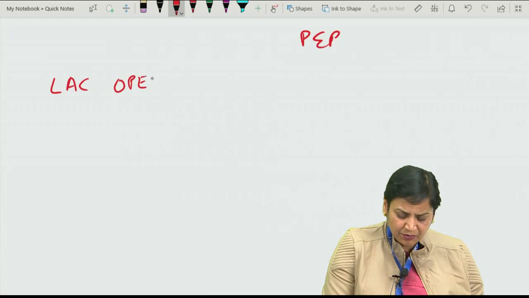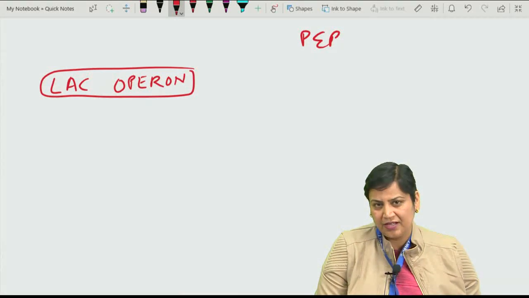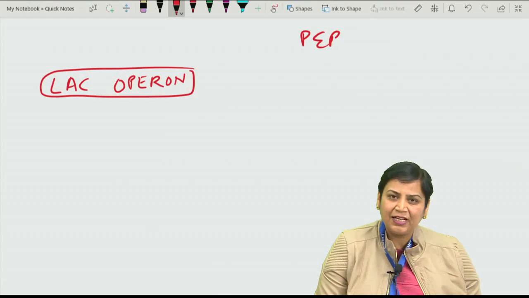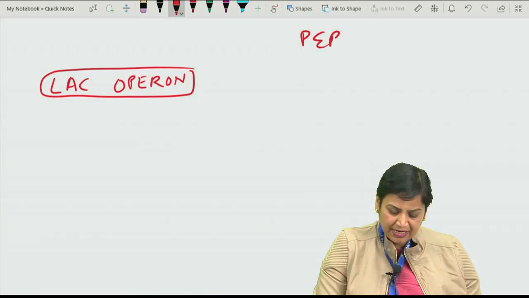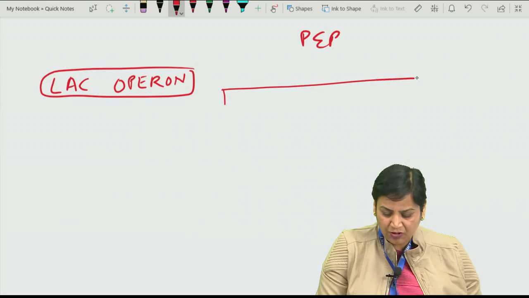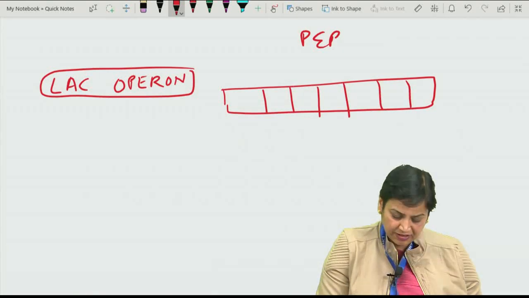This is again a very important question which is generally asked in the exam. Operon is nothing but a collection of genes which is basically required for the regulation and expression of a particular gene. If we have to draw an operon, it's like this. It has a promoter gene, operator gene, a regulator gene and the structural genes.